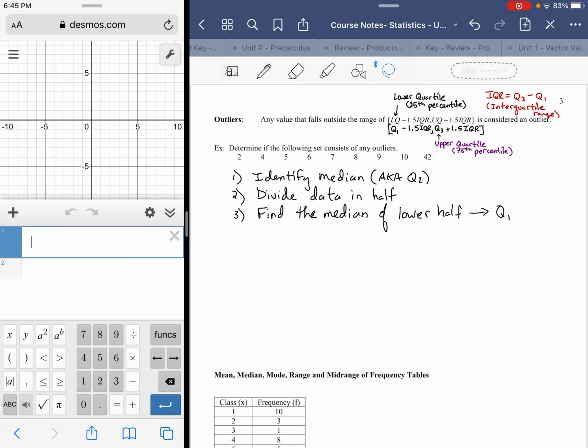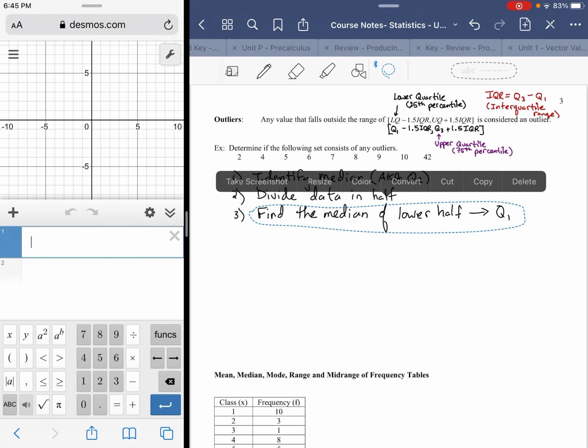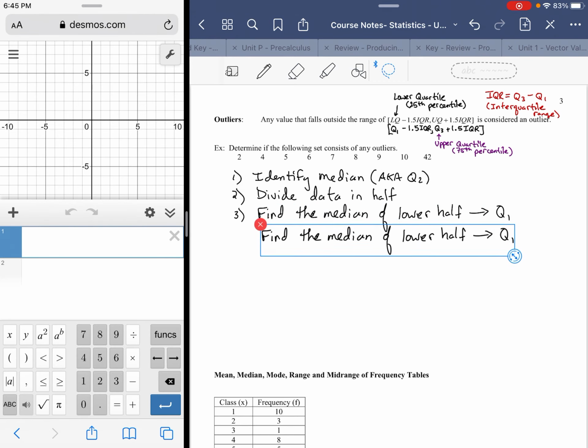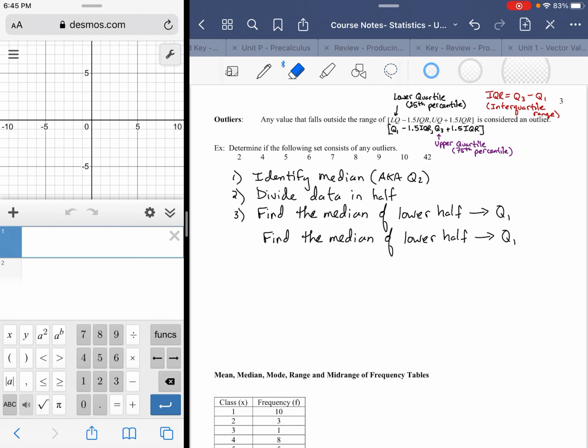And then find the median of the upper half. And that would be Q3. And the rest we can do just by plugging into that lovely looking formula. All right, so then plug into formula.